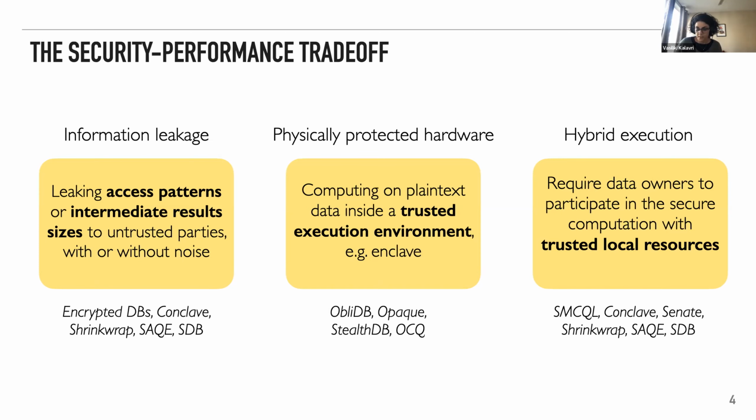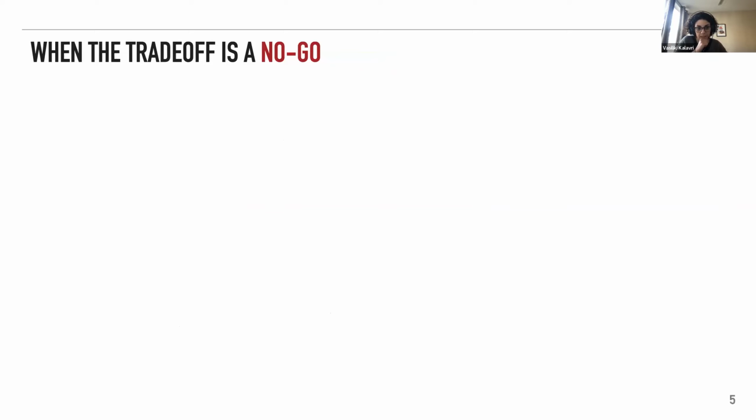Now, these are great approaches. The problem is that when we started talking to users interested in secure computation, and in particular, I'm talking about hospitals in the greater Boston area and companies like Bosch and Red Hat, we found that for many of them, this trade-off is a no-go.